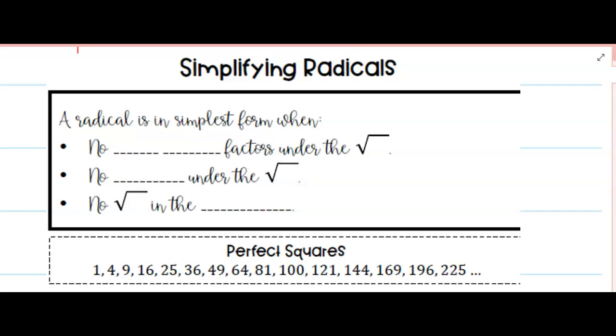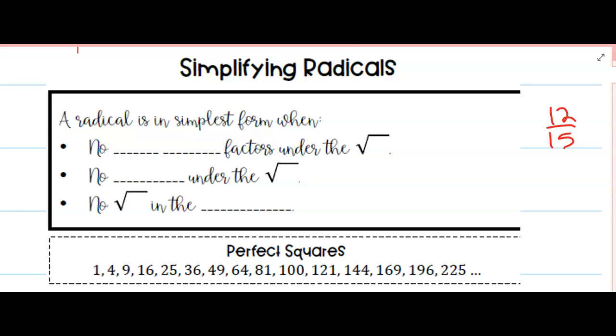Now, in the end, hopefully, we're going to get comfortable enough with radicals that we know by looking at a fraction, for the most part, if it's in simplest form. Like, if you had 12 over 15, that's not in simplest form because 12 and 15 have a common factor.